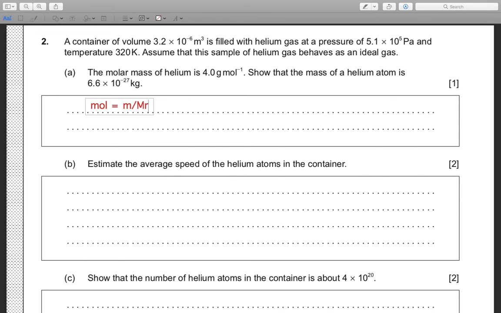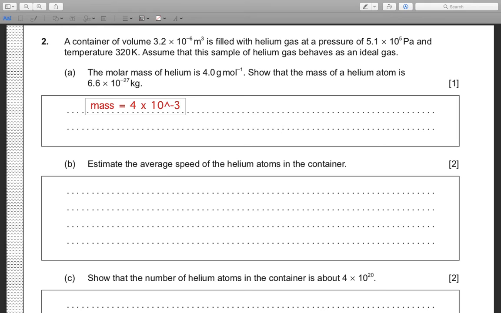Oh, sorry, we have 4 gram per mole, which is 4 times 10 to the power of minus 3 kilogram per mole.